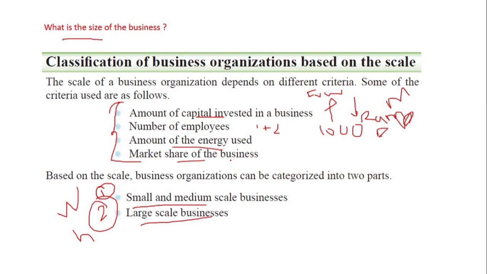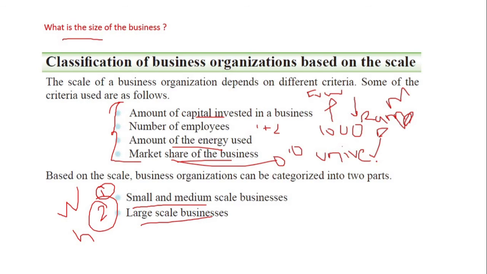According to the market share of the business. Market share means number of consumers, right? Some businesses have only 10 consumers, right? Some businesses have a large market share; the number of consumers is very high. Think of Unilever. We can't survive without Unilever.